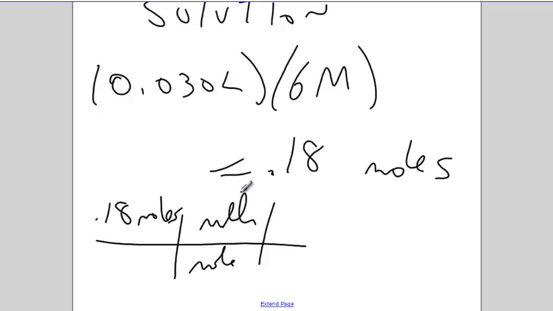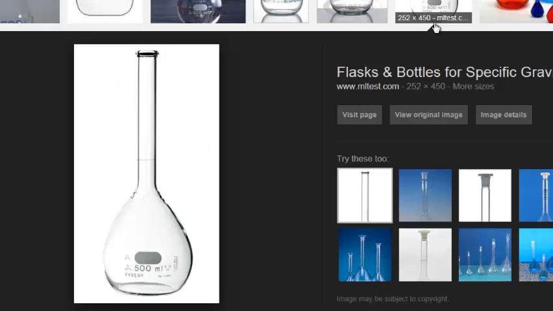Now, to actually make a solution of a particular molarity, you usually would use what's called a volumetric flask. This is an example of a volumetric flask. You'll notice there's a line. That tells you the level of liquid you're going to fill up to. This one happens to be a 500 milliliter volumetric flask.